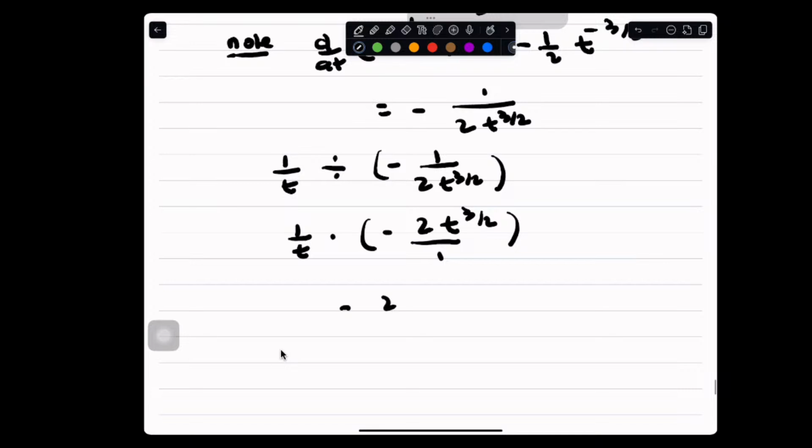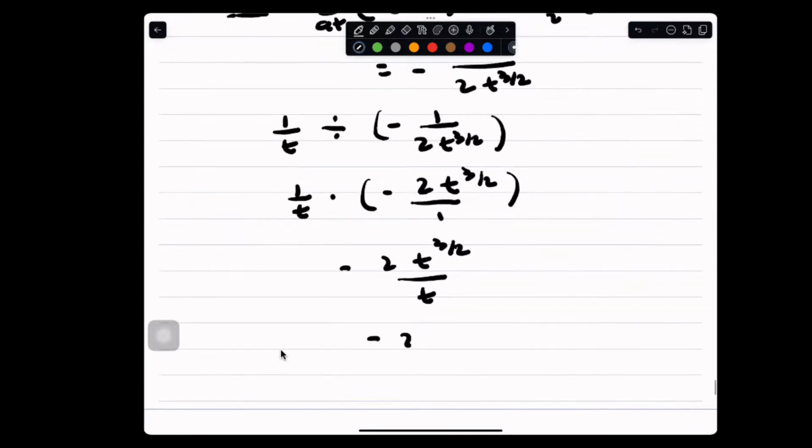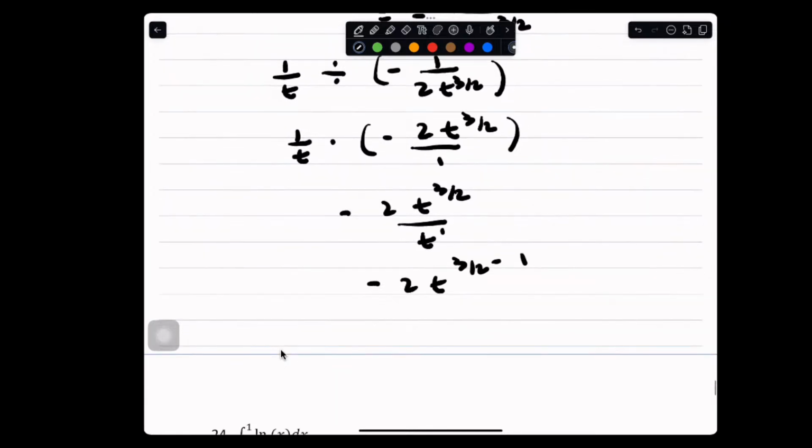That's negative 2t to the 3 halves divided by t. And this is t to the first power, so it's negative 2t to the 3 halves minus 1, or simply negative 2t to the 1 half. Don't forget, 2 halves minus 1 is 1 half.